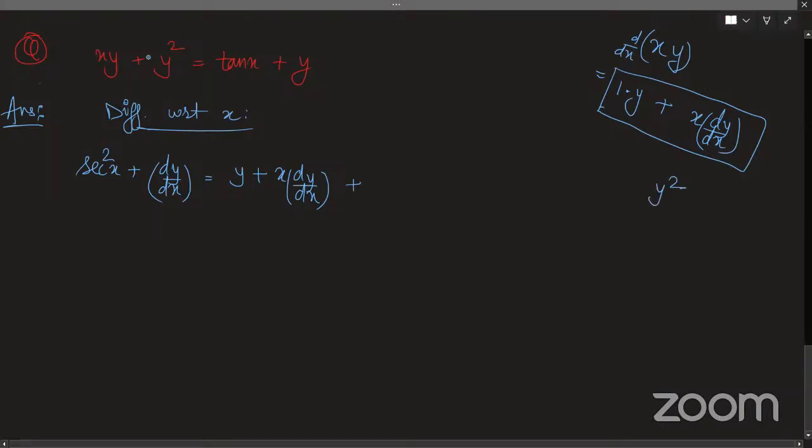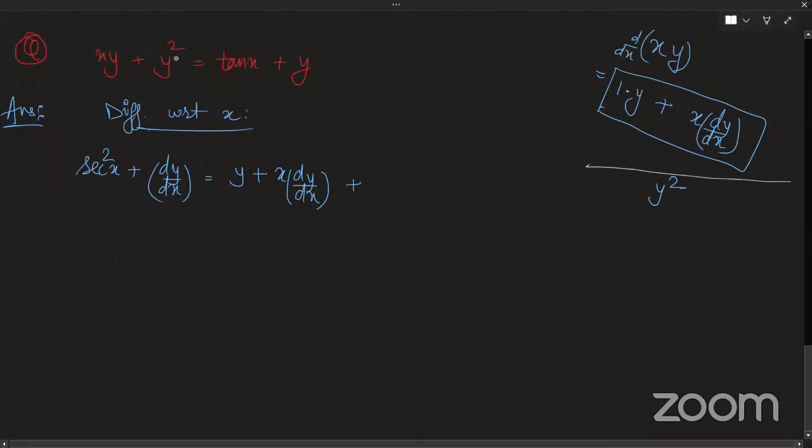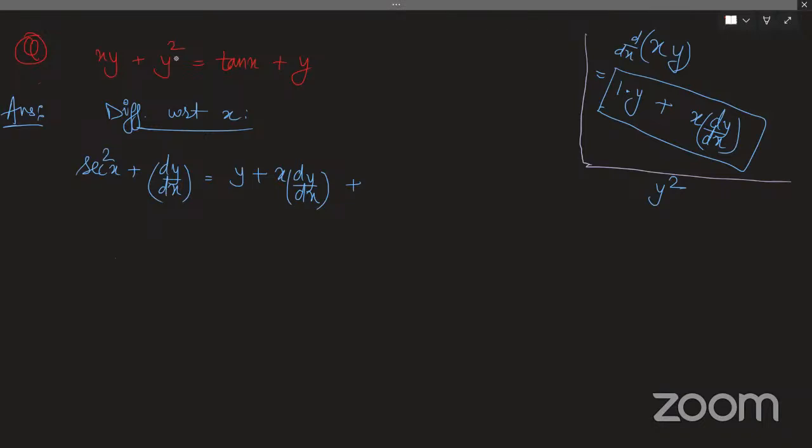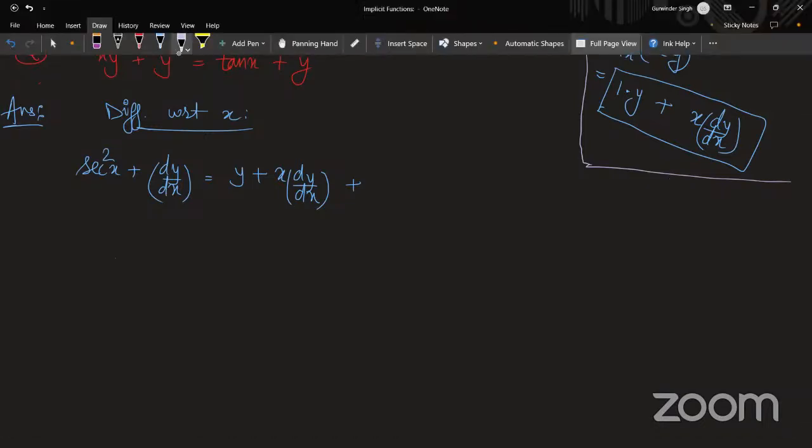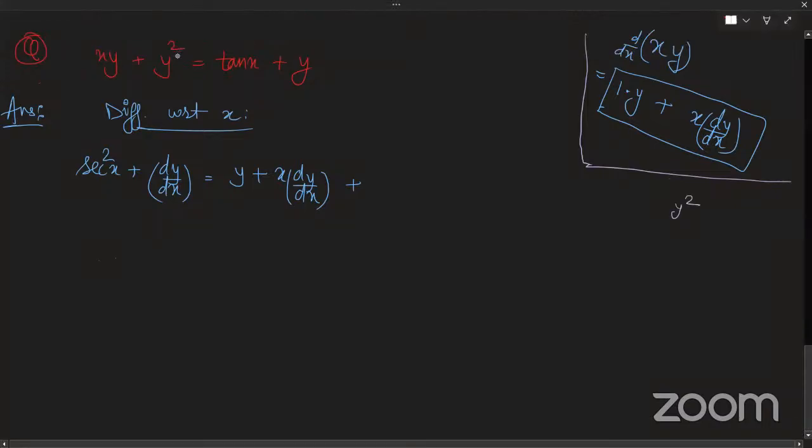Plus, after that you have got y square. Can you tell me which function is inserted inside which function? Y is inside x square, like it is y square, right? Great.